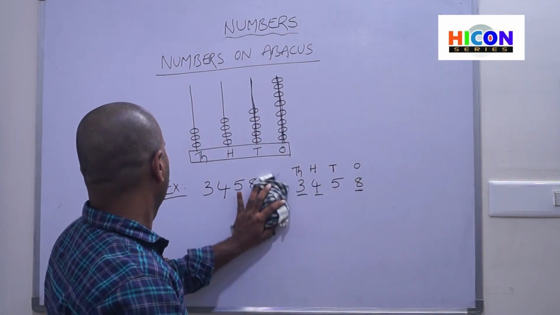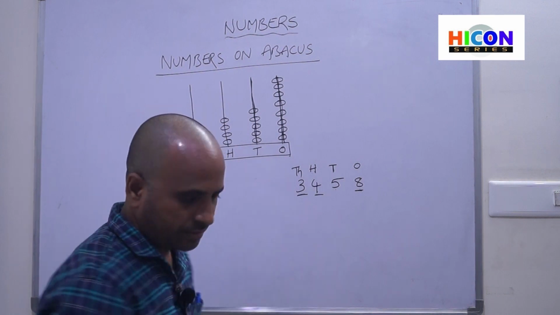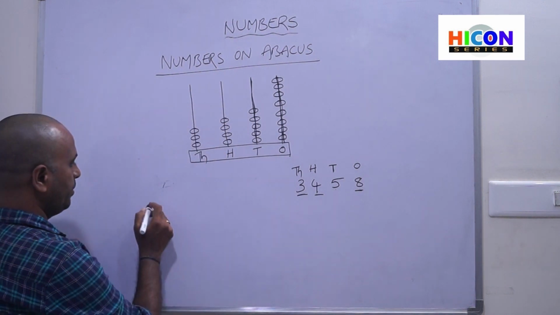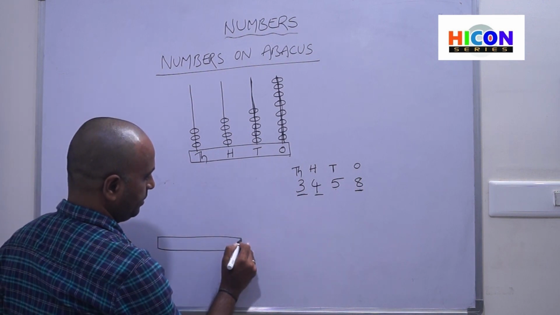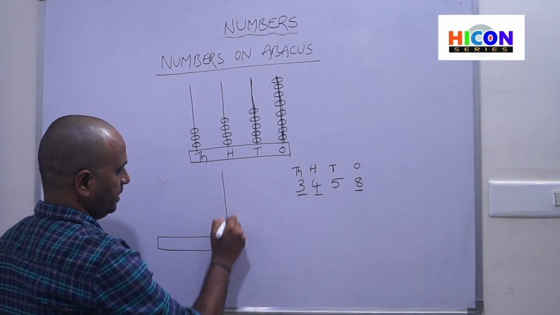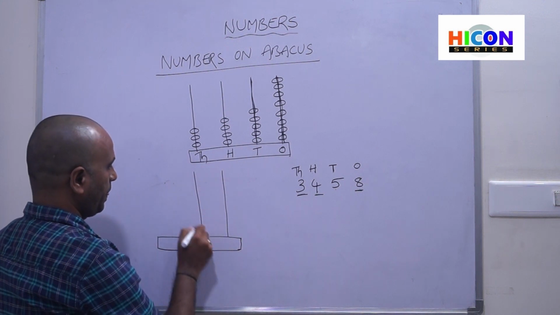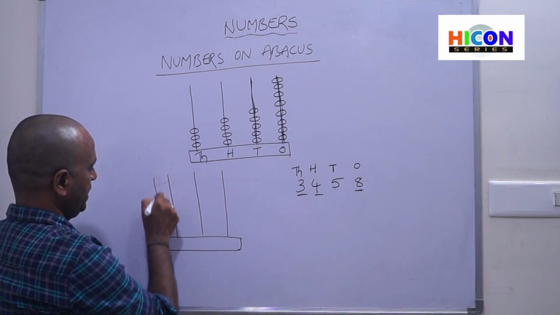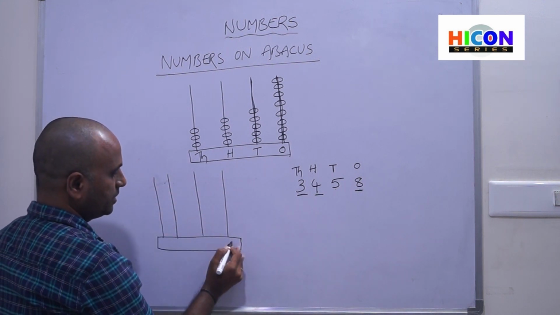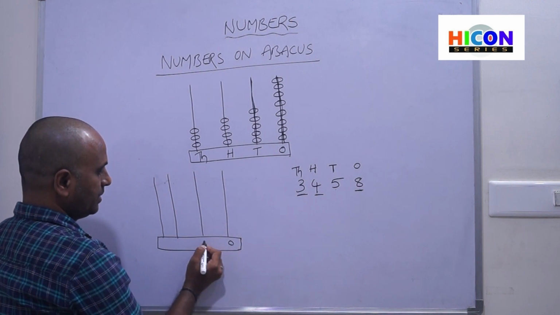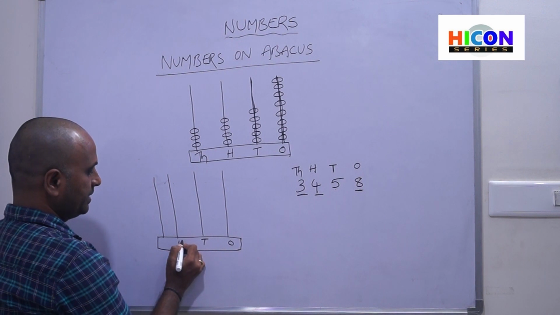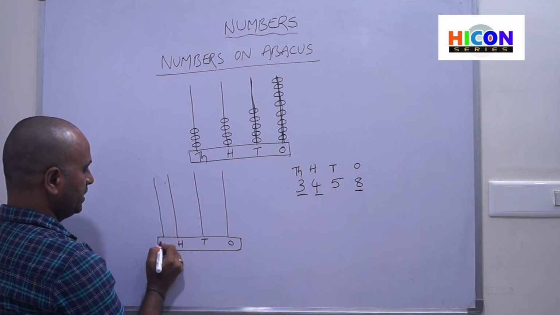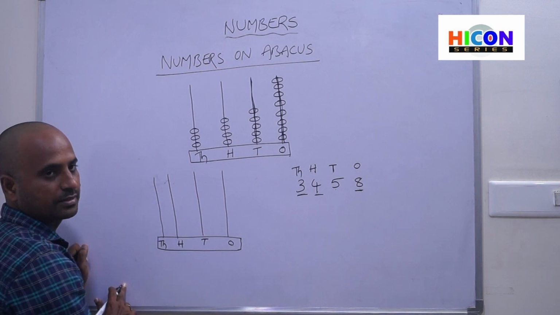Take an example like this. Here an abacus is given like this. It has 4 sticks: the first stick is ones place, the second stick is tens place, the third stick represents hundreds place, and the fourth stick represents thousands place.